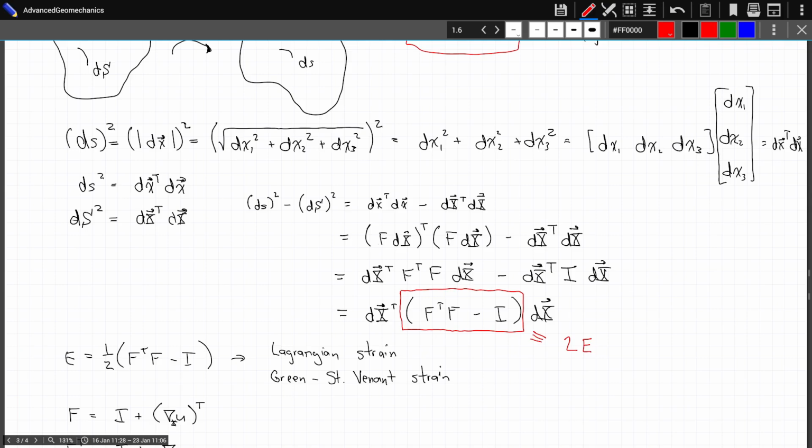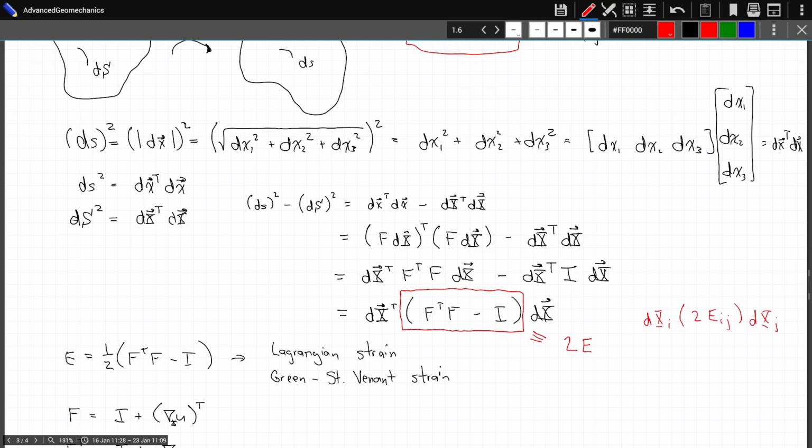So this is kind of like, actually, if you worked out the indicial notation, this would be a tensor itself. Because what you would have here is something like, in indicial notation, dX_i times 2E_ij dX_j, right?